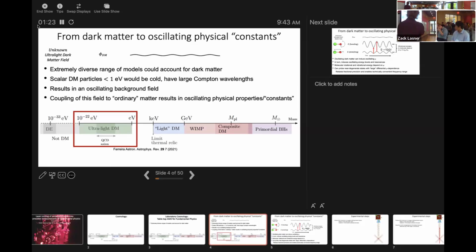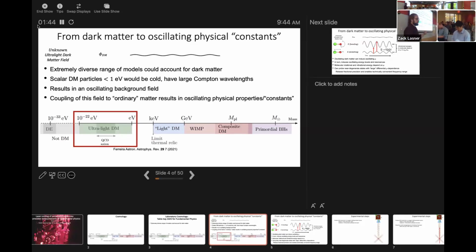And if dark matter is in this range, it would have a large Compton wavelength. We know from astrophysical constraints that it's cold, and it would behave essentially like a BEC. And that results in an oscillating background field, right? For us, say this should be a scalar particle in models we're considering.